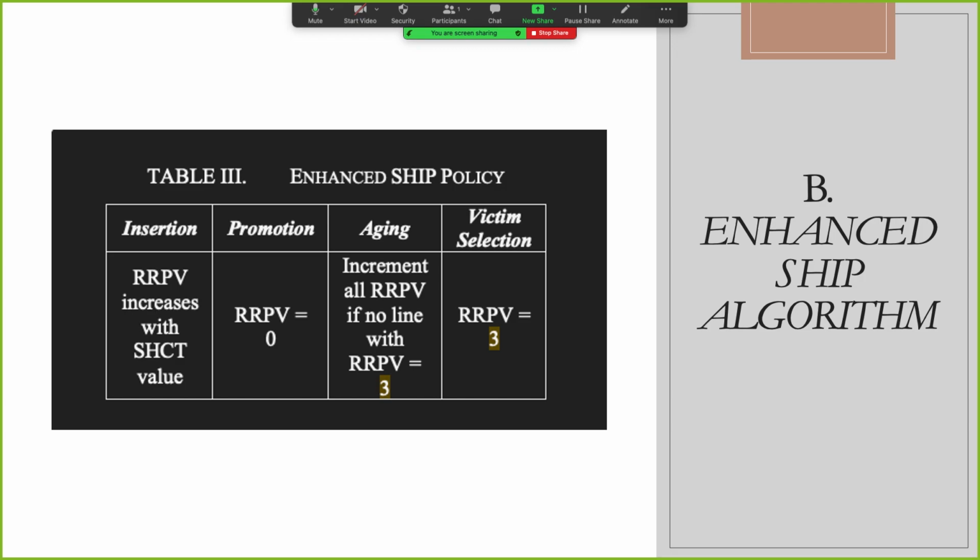And here is the table that enhances the SHiP policy.